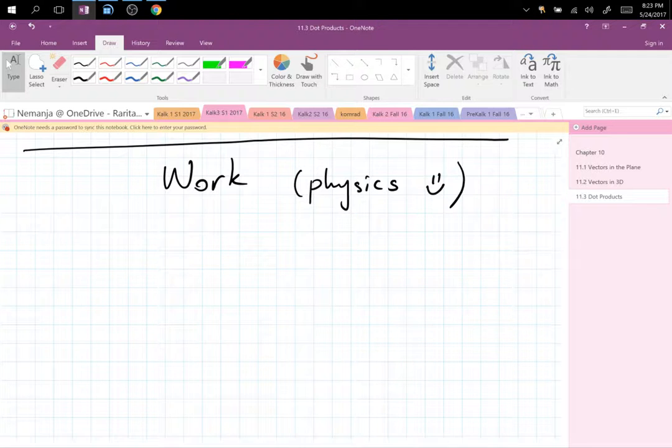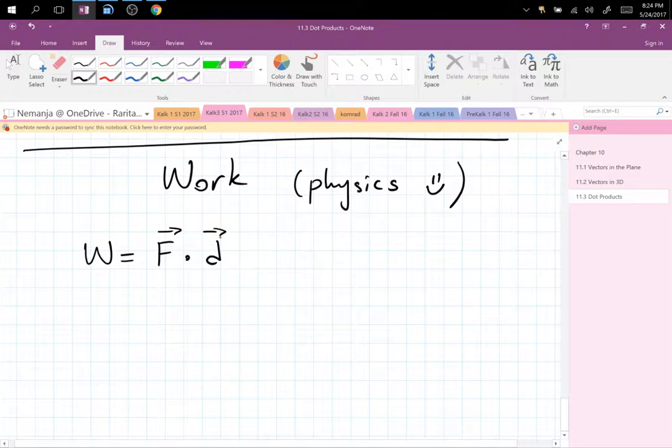So, let's do some work. Work is defined as force times the distance, right? Right. So work is force times the distance. Now, why is the distance a vector as well? Well, when you are on a flat surface, there's just the magnitude that counts, right?